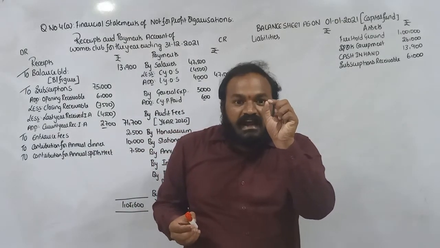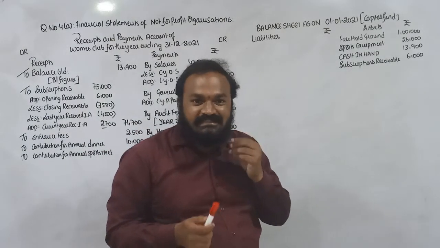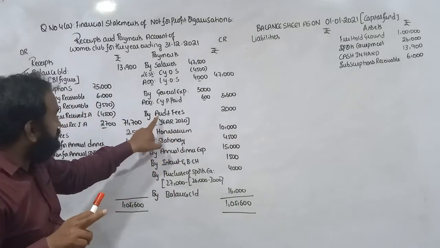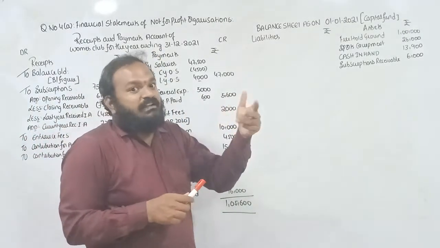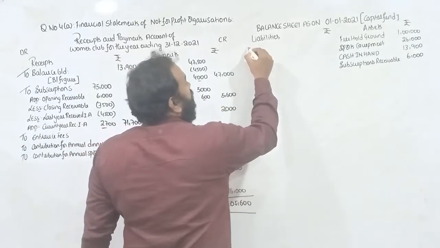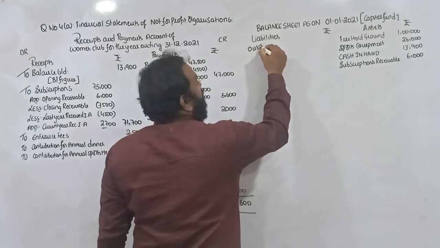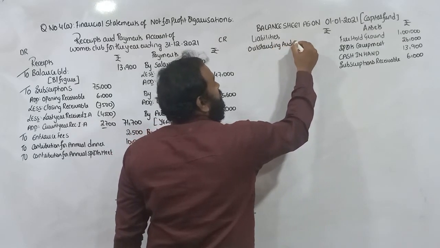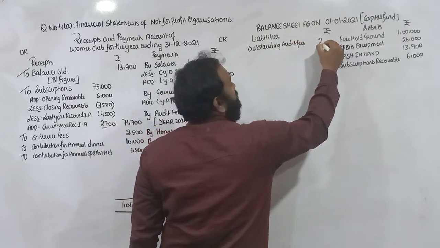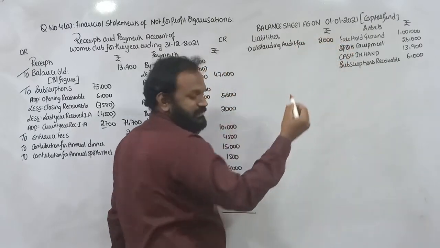First, outstanding audit fees is there, no? See, audit fees for the year 2020 was paid in 21. It means it is outstanding for the last year, no? Outstanding audit fees, how much? 2,000.